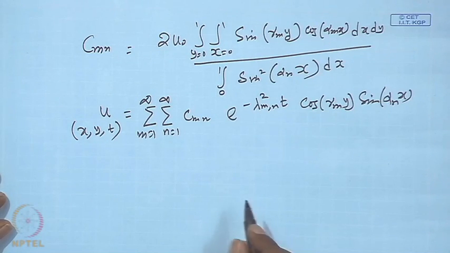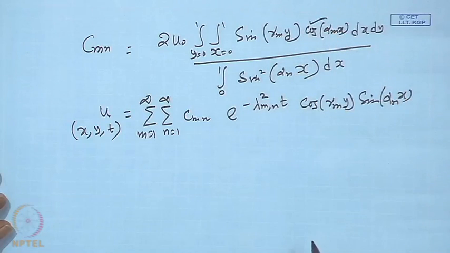So, this gives a presentation of what will be the nature of the solution when the boundary conditions are not of the same type, if they are mixed: Dirichlet boundary condition, Neumann boundary condition and mixed boundary condition. Since you will be having the Neumann boundary conditions, the eigen functions will be cosine functions and the eigen values will be 2 n minus 1 pi by 2.